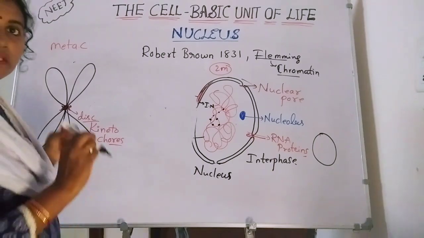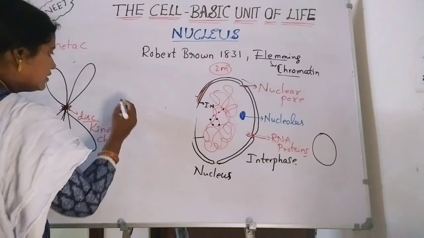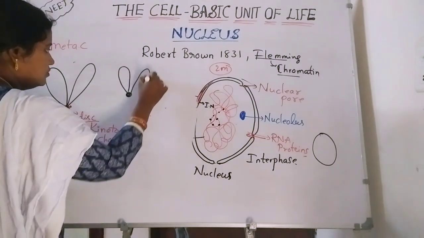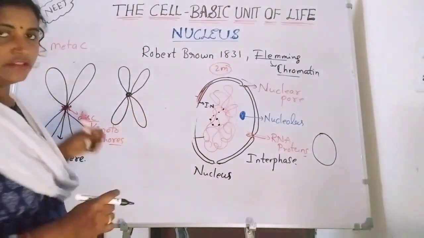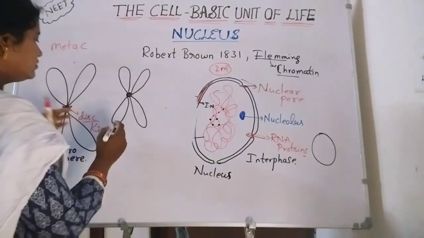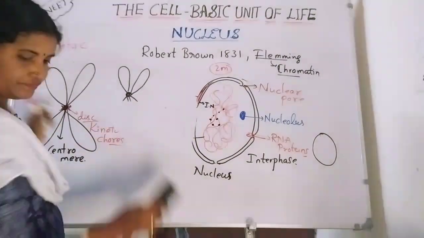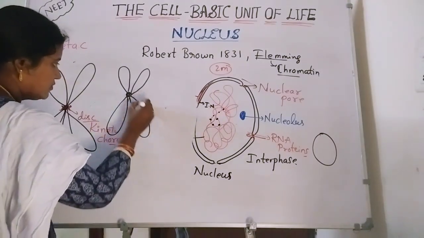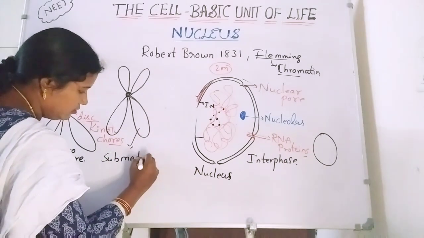If the centromere is just away from the center, with a slight difference, not much difference, I will draw little longer arms like this. This type of chromosome is known as submetacentric.